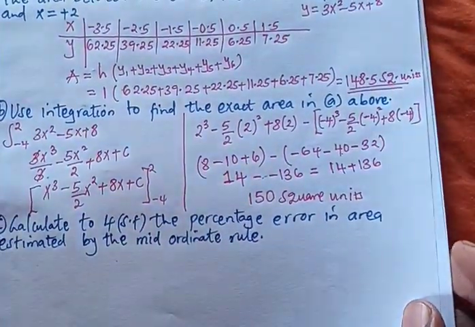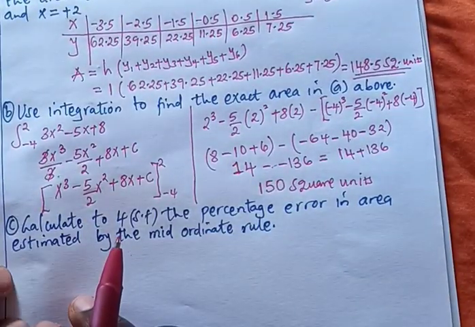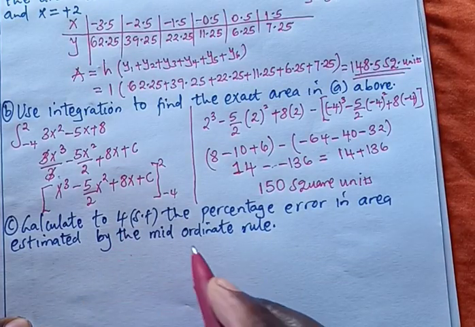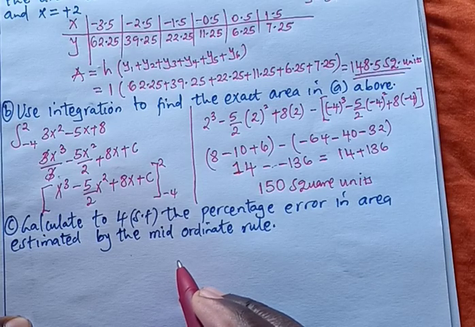Now the C part says calculate to four significant figures the percentage error in the area estimated by the mid-ordinate rule. We are going to take the area that we obtained by the use of the mid-ordinate rule, and then we subtract it from the exact area we obtained by integration.